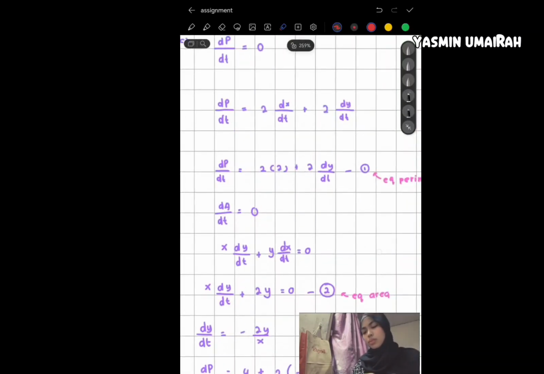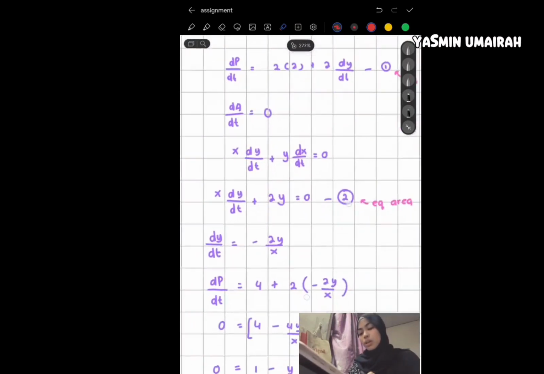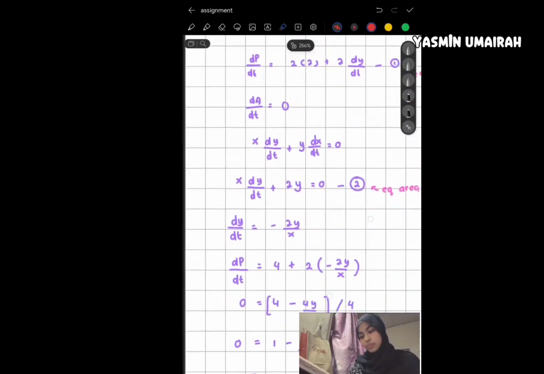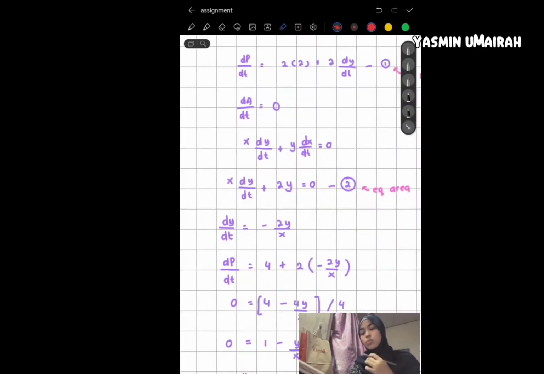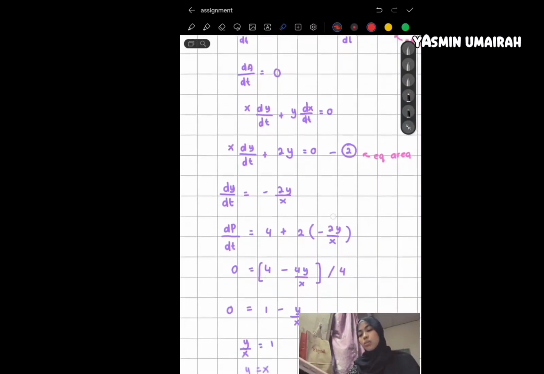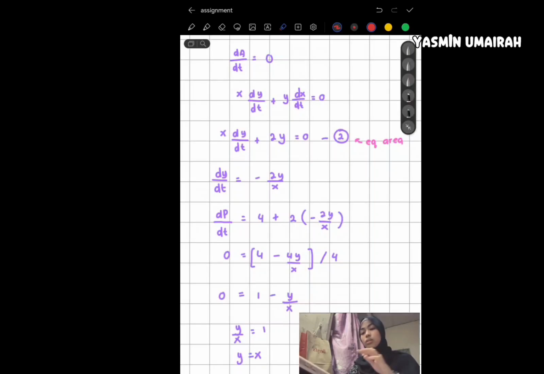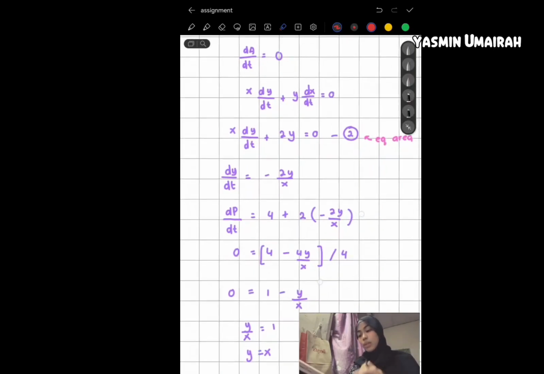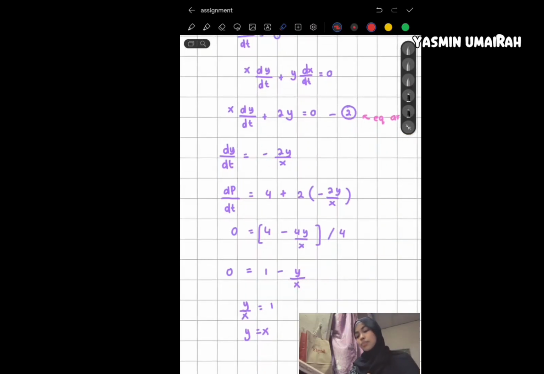So 2 is from the dx/dt because we already know the dx/dt is 2. dy/dt we got from the second equation, and we just do the algebraic method, which is negative 2y over x.